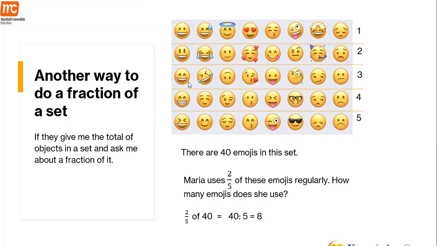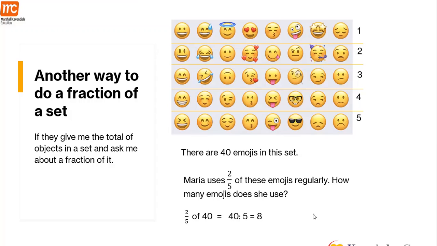That will mean that each row has 8 emojis. Let's check. Row number 1 is 1, 2, 3, 4, 5, 6, 7, 8. Yep, there are 8 emojis in each part, or each row in this case.